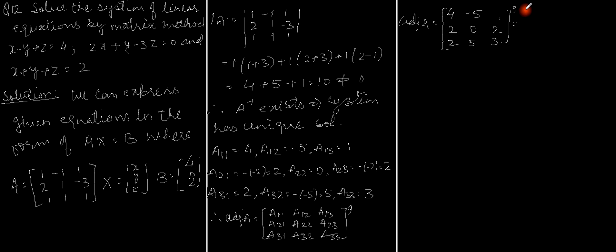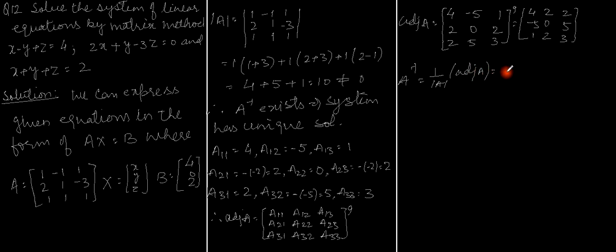So finally it comes 4, minus 5 and 1; the first row becomes the first column, the second row becomes the second column and the third row becomes the third column. This is adjoint A.